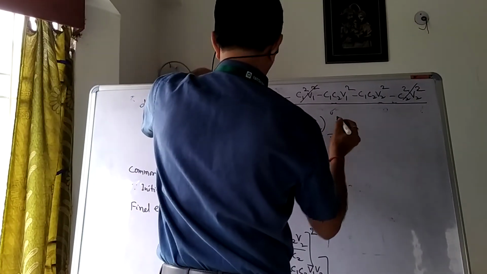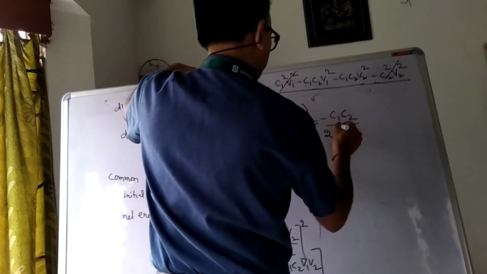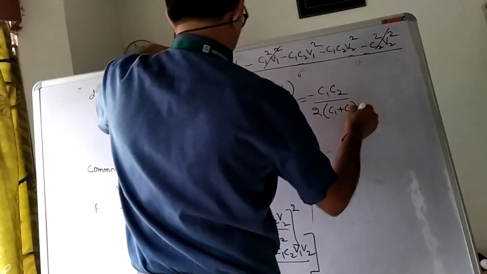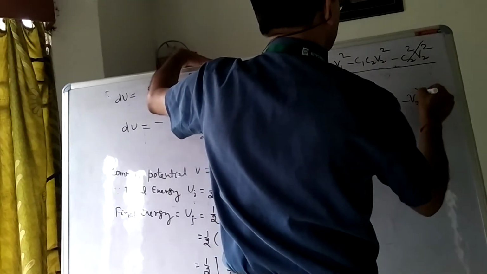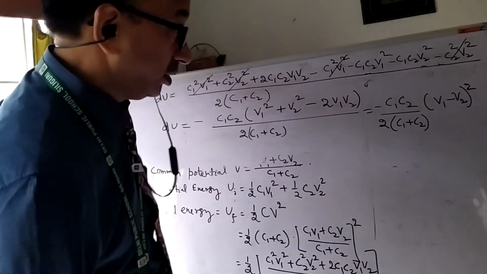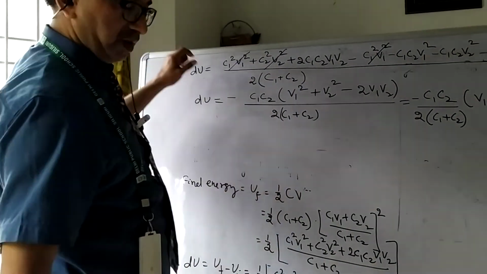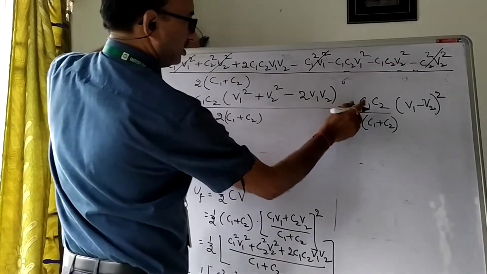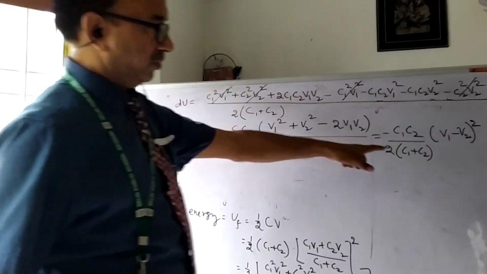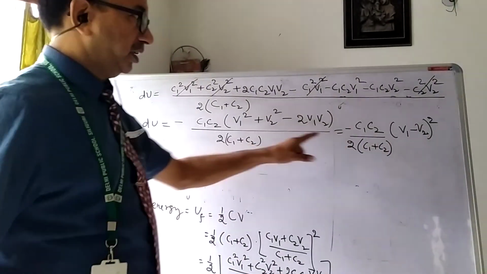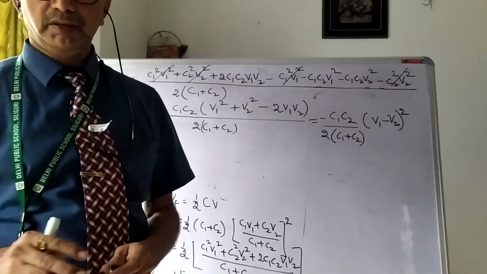So this is minus C1 C2 divided by twice of C1 plus C2, times V1 minus V2 whole square. Now we can see here that dU is coming negative, right? This minus sign says that there is a loss of energy. Now we can use this formula to calculate the energy loss when the two capacitors are joined together.